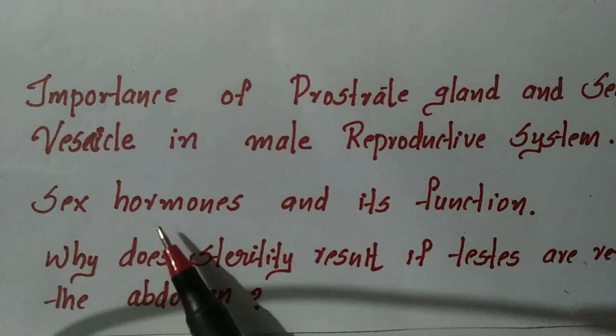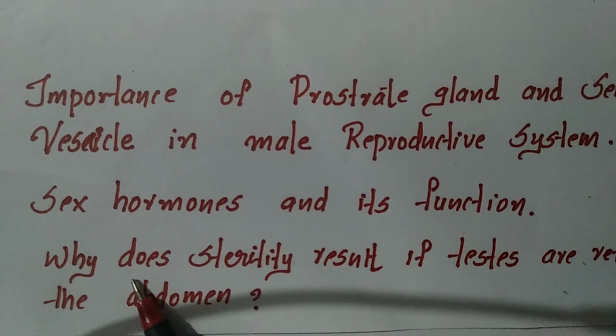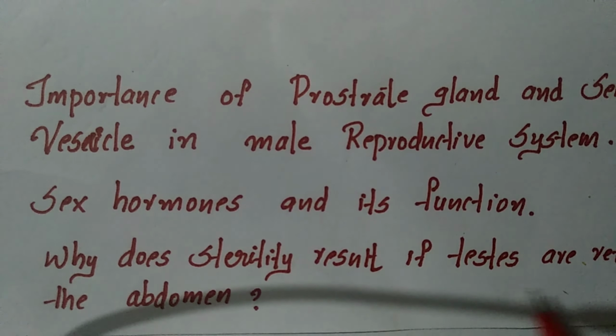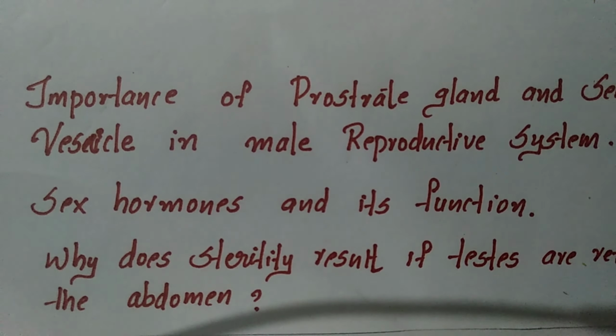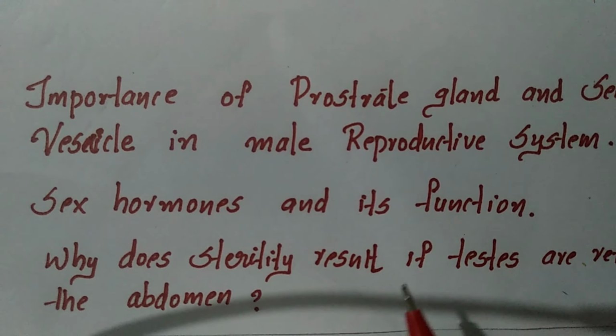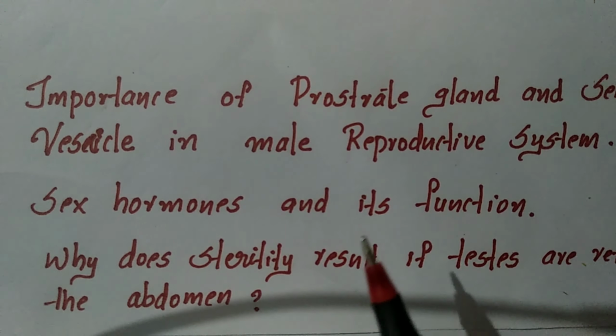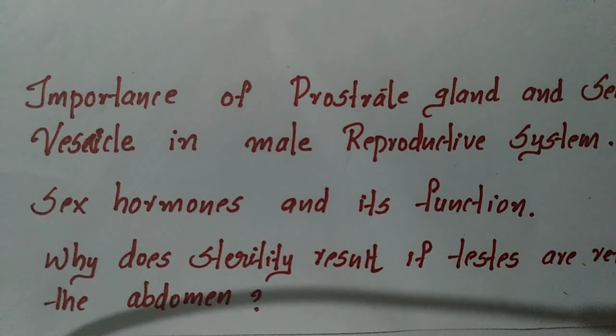The third question is: why does sterility result if testes are retained in the abdomen? This is one of the most important questions. The meaning of this question is why the testis, or the male reproductive system, is placed outside the abdomen.